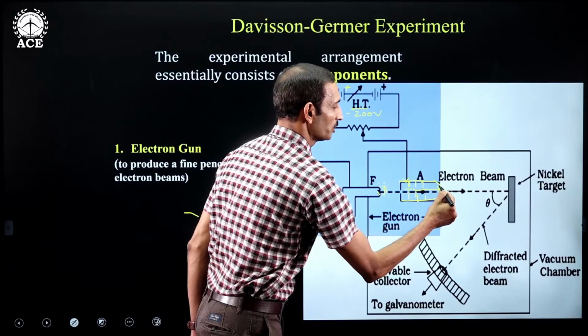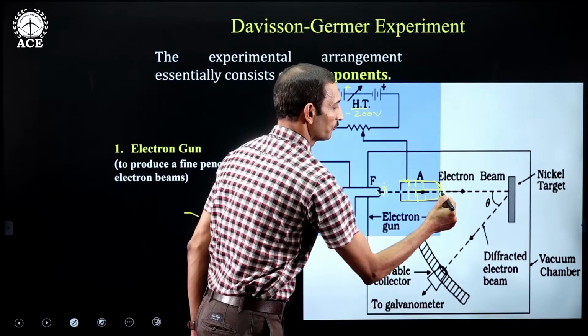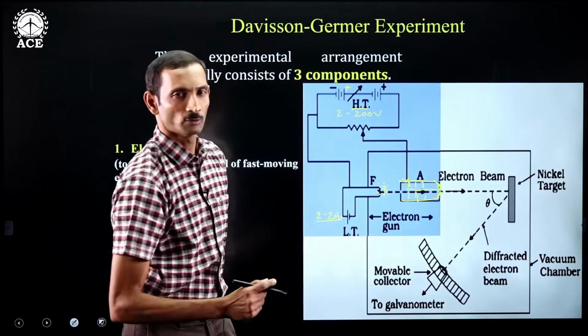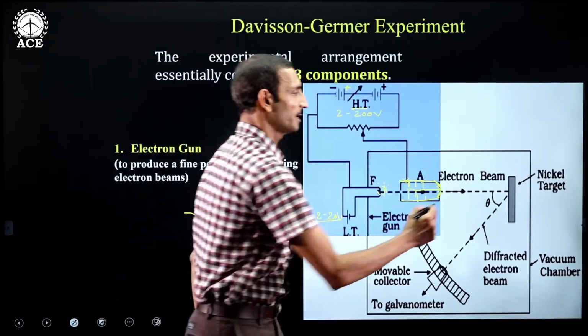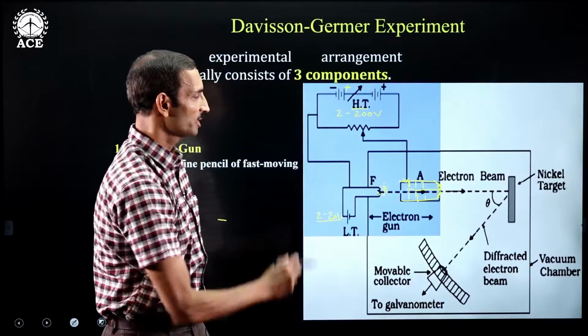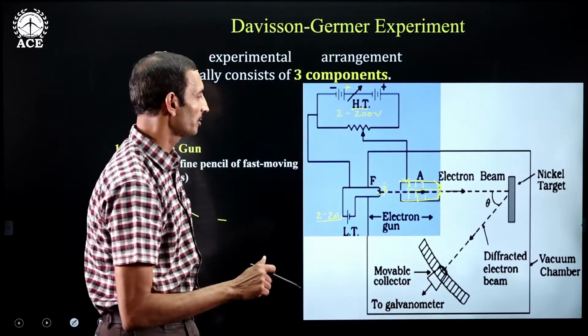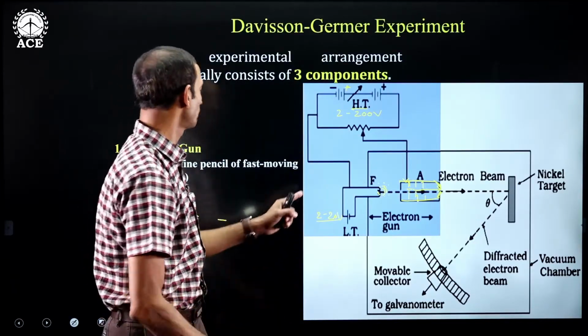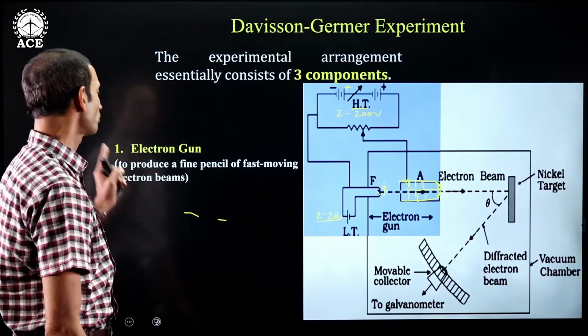There is a provision here for filtering out only the fast moving electrons falling on the metal target. Now this is the electron beam that is incident on the metal target. So that electron beam is produced by our electron gun.